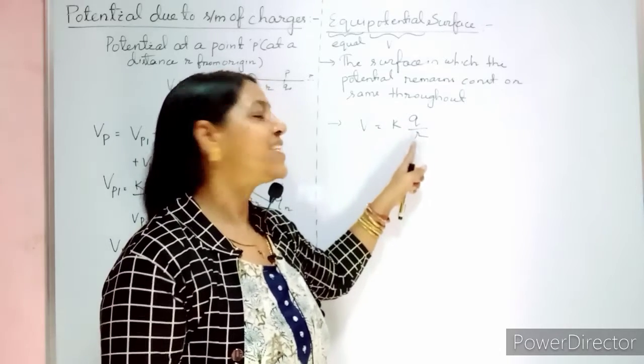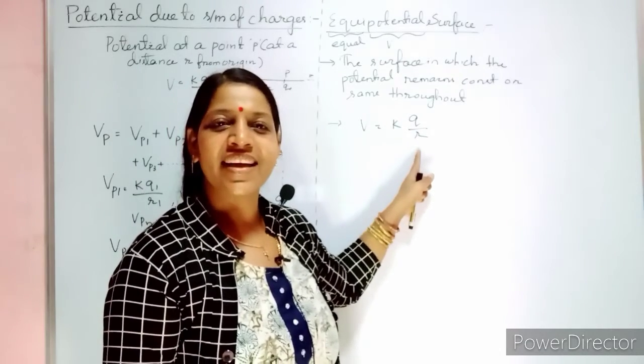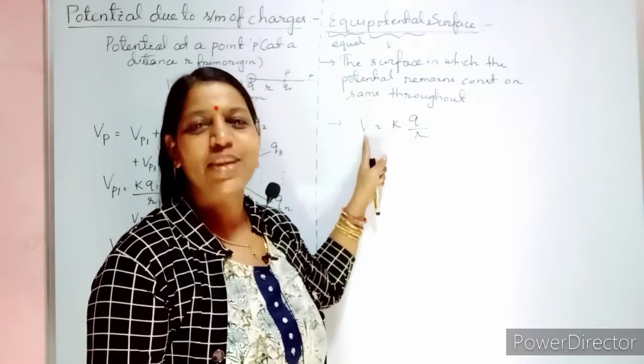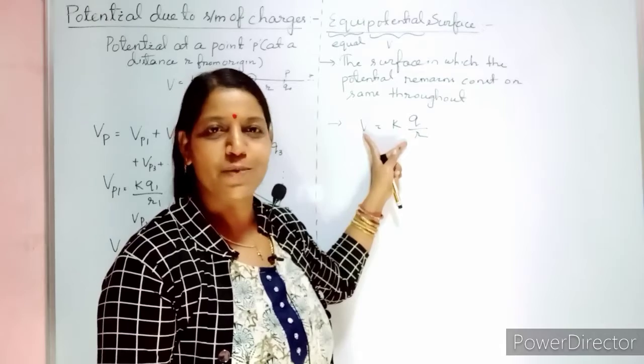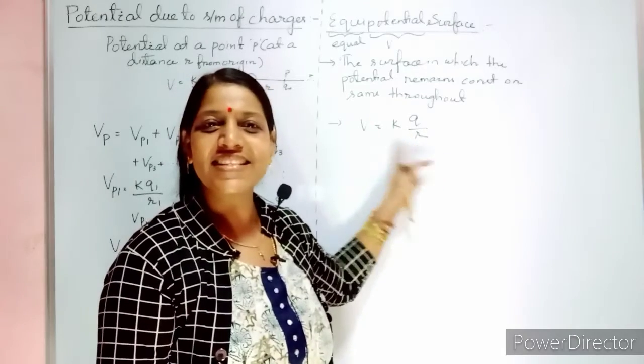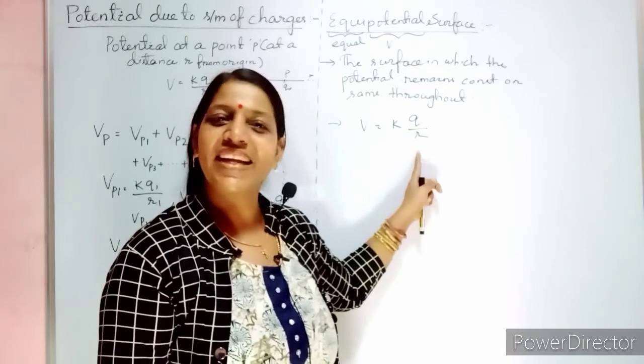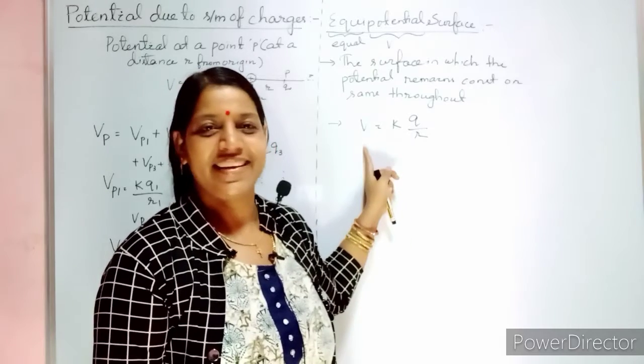So, if you increase or decrease the distance, the potential is going to decrease or increase, because they are inversely proportional. If R increases, potential decreases. If R decreases, potential increases.